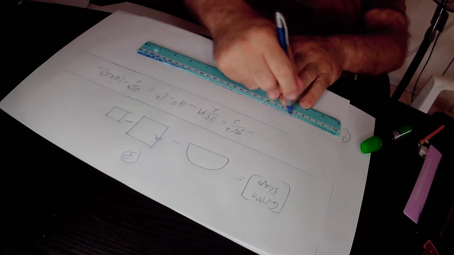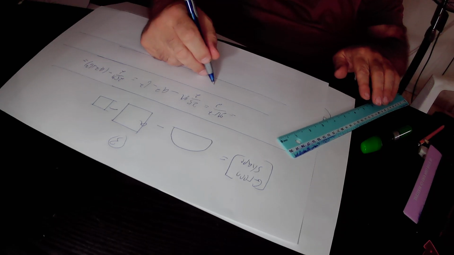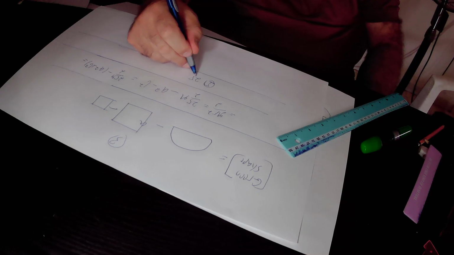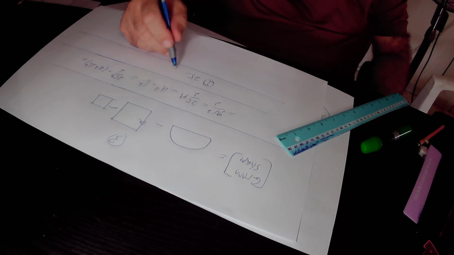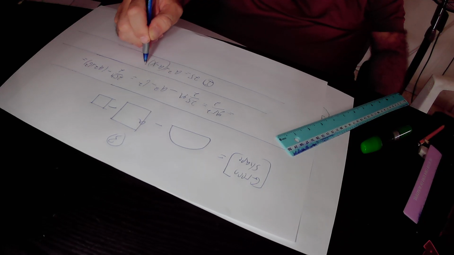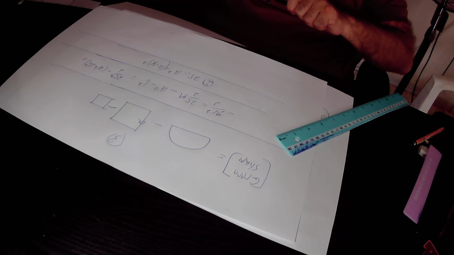According to equation 1, we have already found out that 25 equals a square plus (a minus x) square.